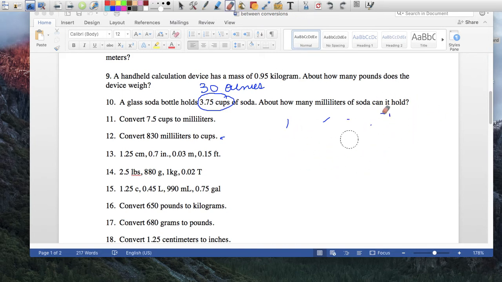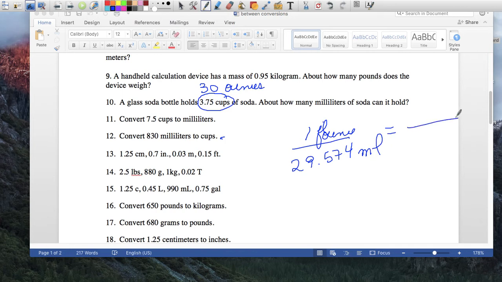Now, if you look at the reference sheet, I can actually find out. It says that 1 fluid ounce is the same thing as 29.574 milliliters. So on top is going to be FL for fluid ounces and milliliters.